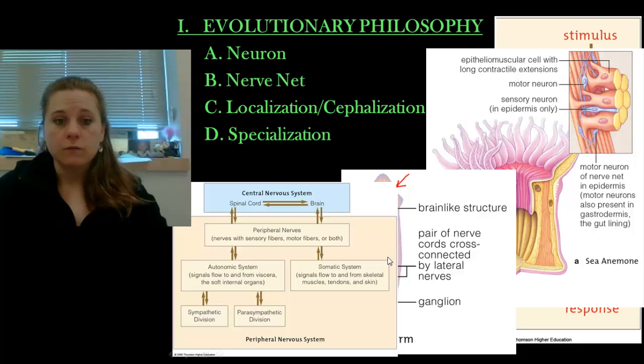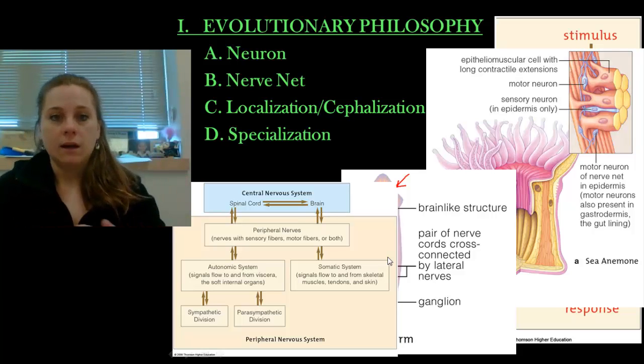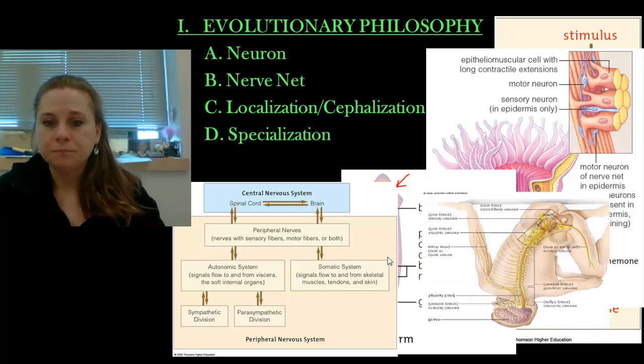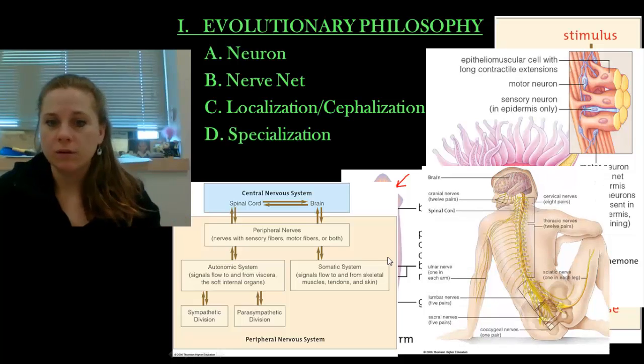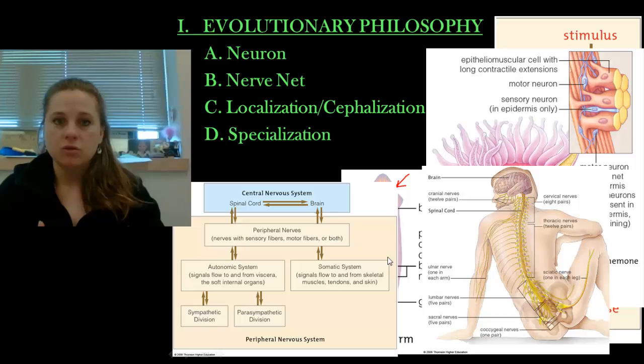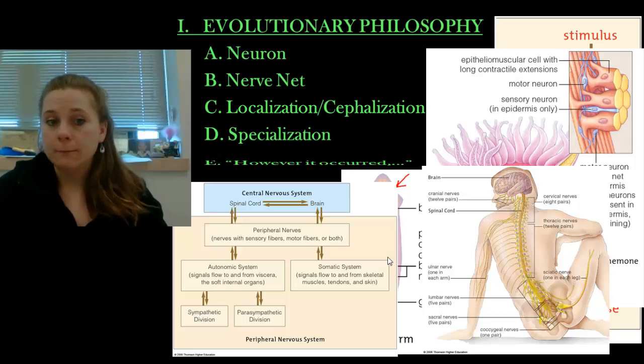Our peripheral nerves, we've got our somatic system, our autonomic systems, and everything that we won't really touch a ton upon, but just to know that they exist. So when we're talking about really specialized areas, we have the main area and central nervous system of the brain and the spinal cord, and then from there we get the branching out of different locations, and each part is responsible for controlling different areas of our body.